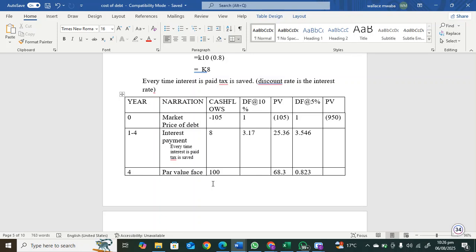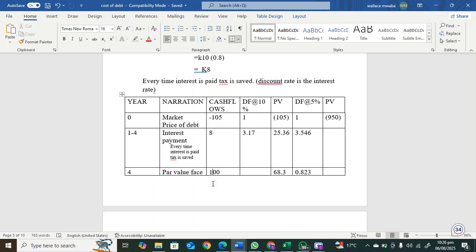To recap: year zero, first day of year one, you pay for the debt, a cash outflow. Then from year one to year four, you'll be getting interest payments: year one, 8 kwacha, year two, 8 kwacha, year three, 8 kwacha, year four, 8 kwacha.